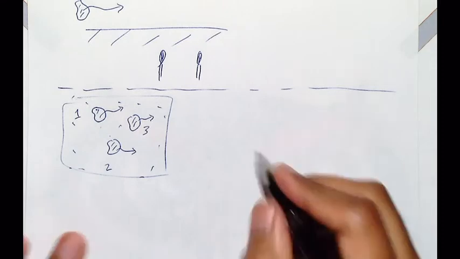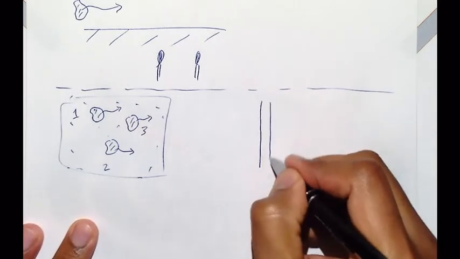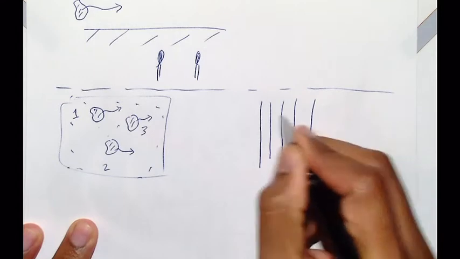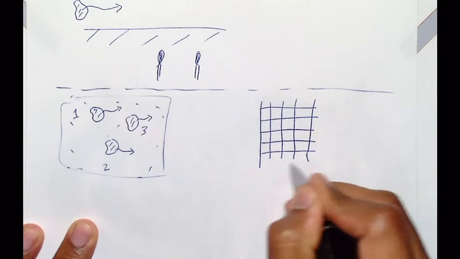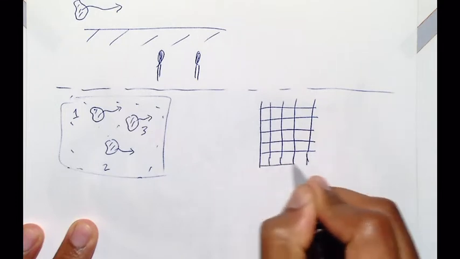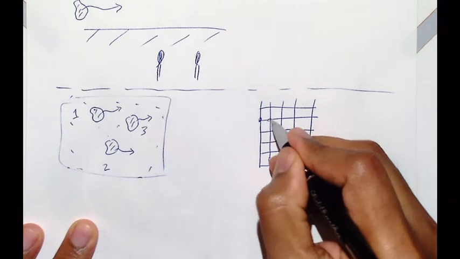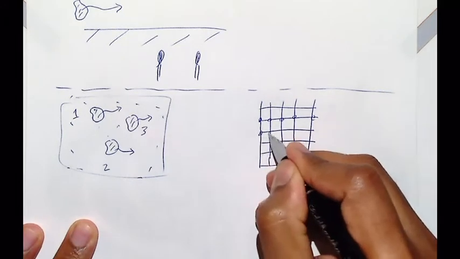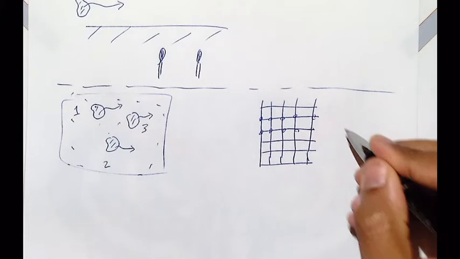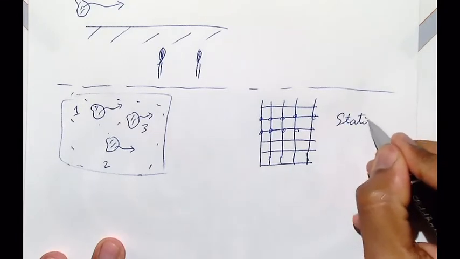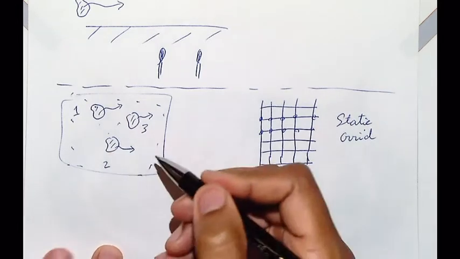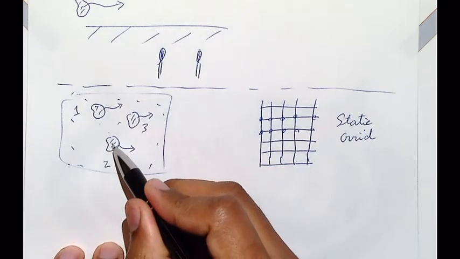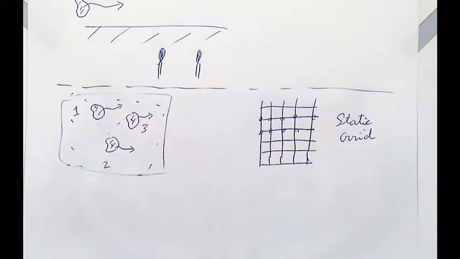So if we had used, let's say, a grid to discretize this domain, our grid points, which are the computation points, do not change in time. They stay static. This is a static grid. And here, the blobs keep moving in time. My computational points, which are the blobs themselves, keep going all over the place. So that's the first problem.